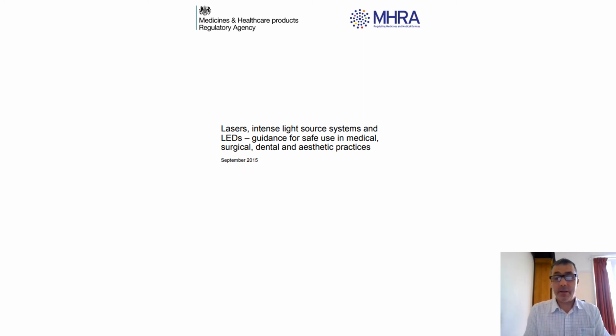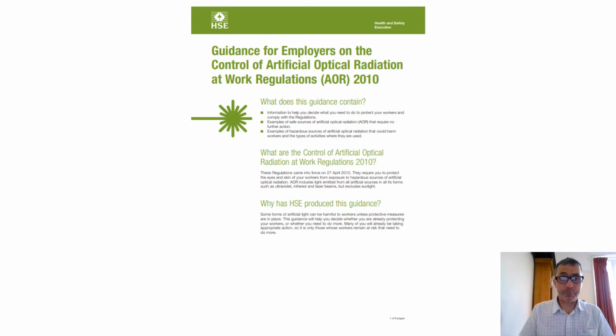This is a really useful publication for the Laser Protection Advisor. It has quite simple guidance, simple to understand, simple to read, the kind of thing you can share very easily with people. And it spells out clearly all sorts of things like what kind of signage should I have in place, should I lock the door, etc.